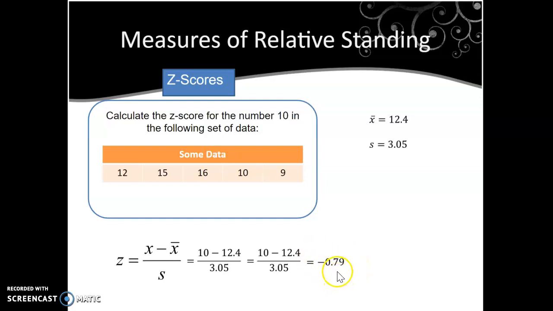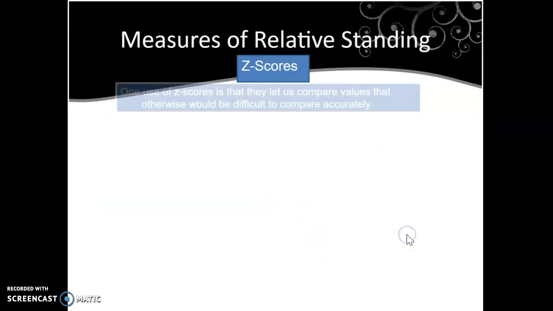So what that means is the number 10 is 0.79 standard deviations below the mean of the data.